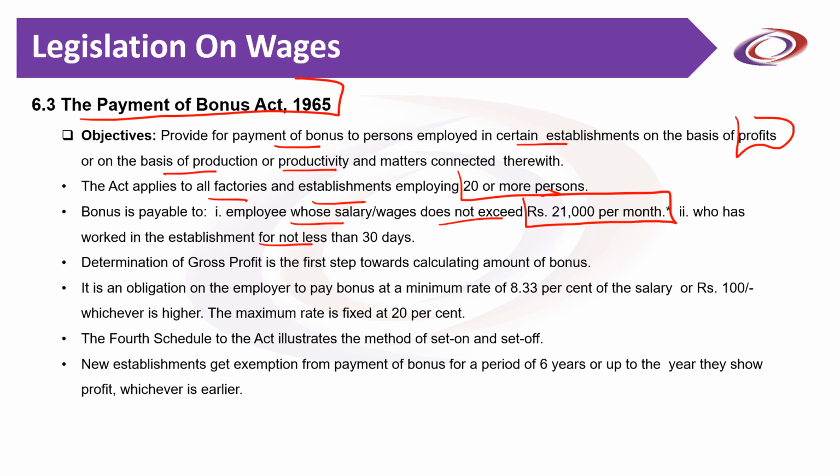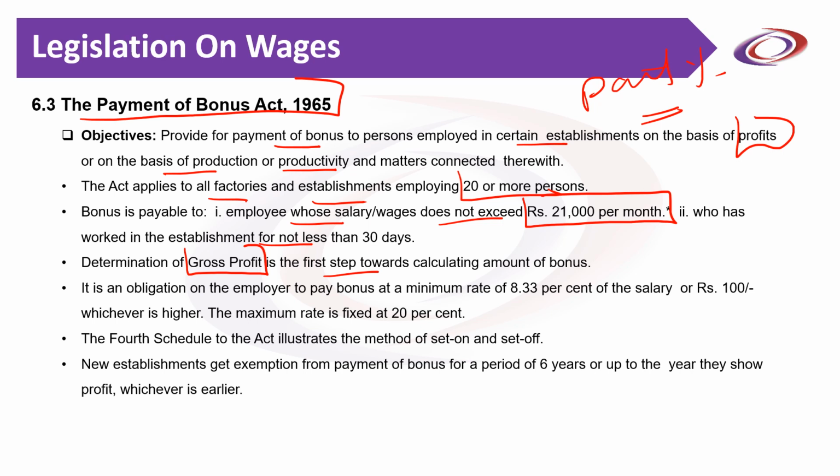Herein, the determination of gross profit is the first step towards calculating the amount of bonus to be paid. So gross profit is calculated, then the procedure is given in the act, and a part or percentage of that gross profit is to be distributed as the bonus.